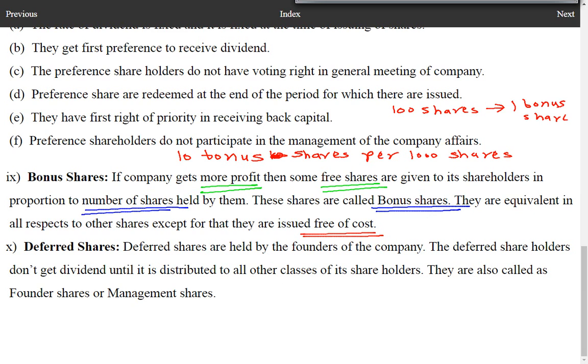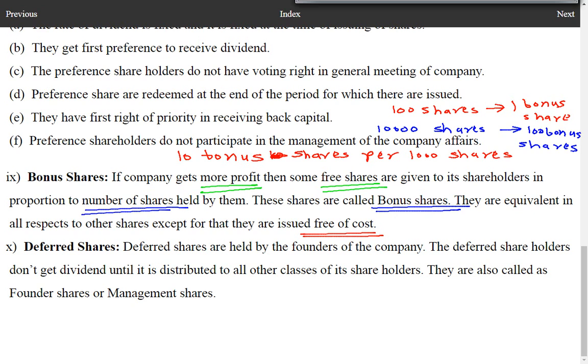If another shareholder has say 10,000 shares of company, then he will get 100 bonus shares.